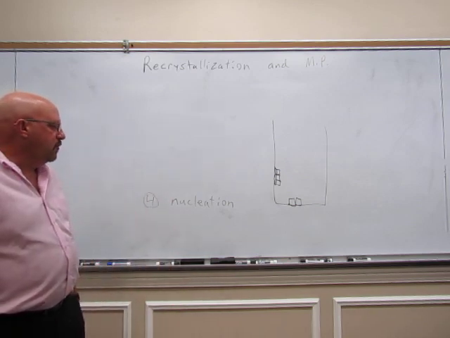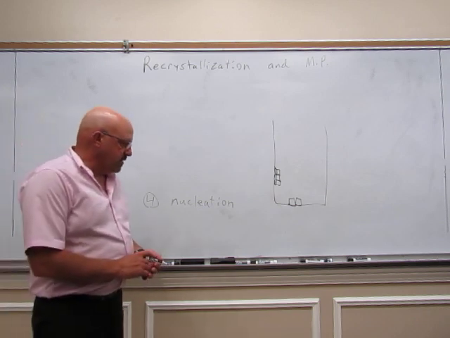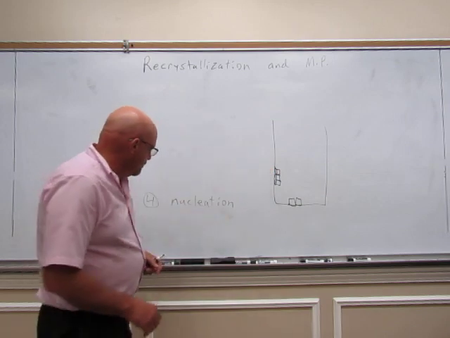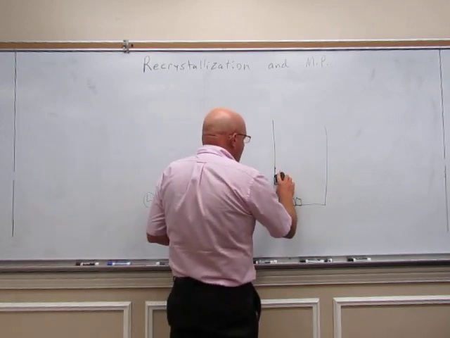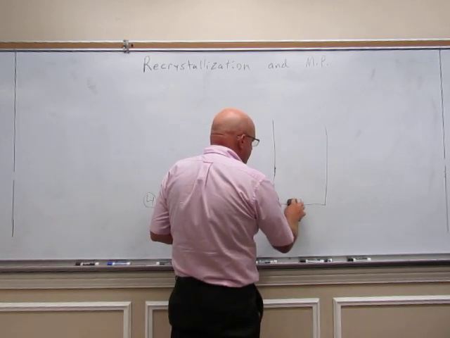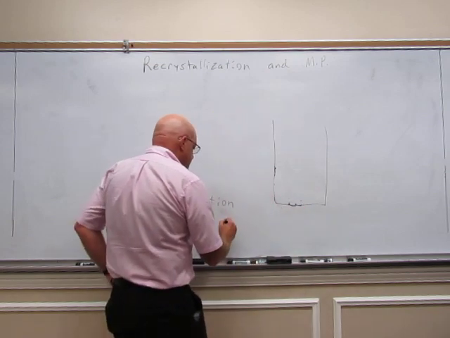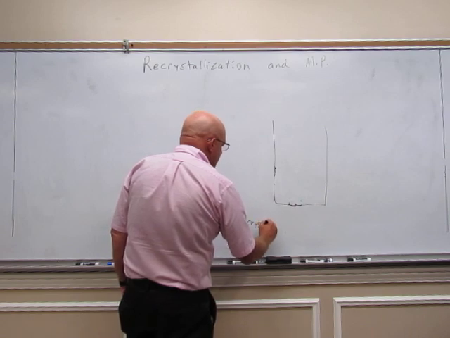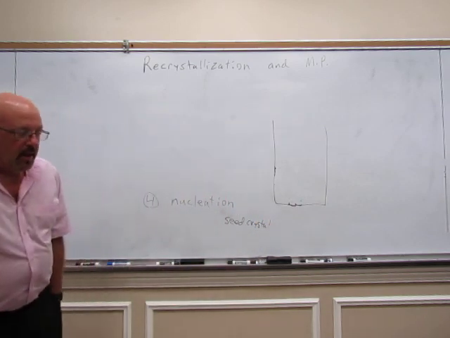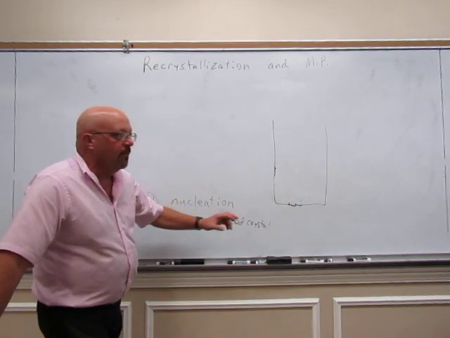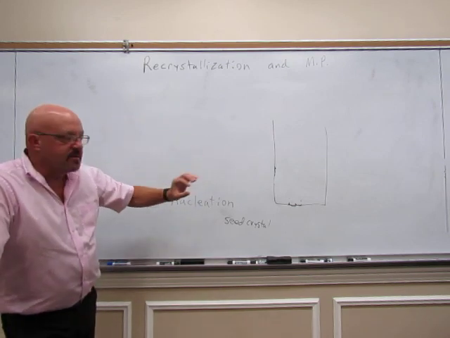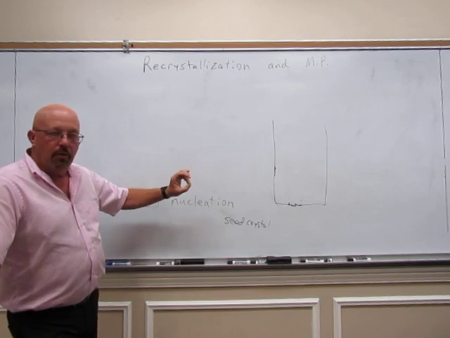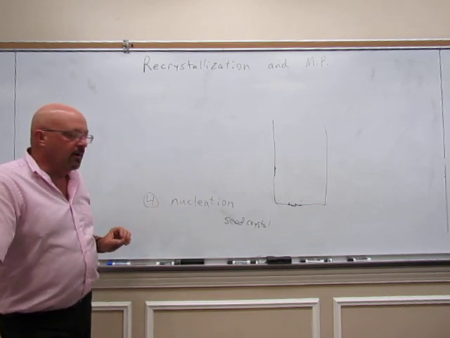You can also use a seed crystal. So we had the speck of dust, scratches. You can use a seed crystal. What is a seed crystal? You may not have a seed crystal. A seed crystal is if we have some, maybe from a previous experiment, or maybe we bought some pure benzoic acid, which is what we're recrystallizing this week.